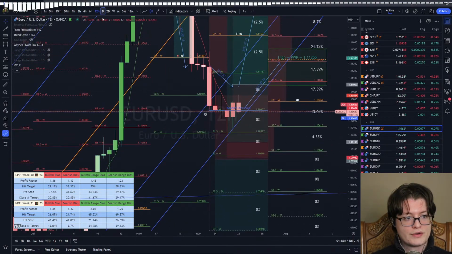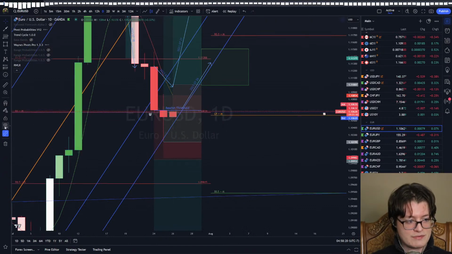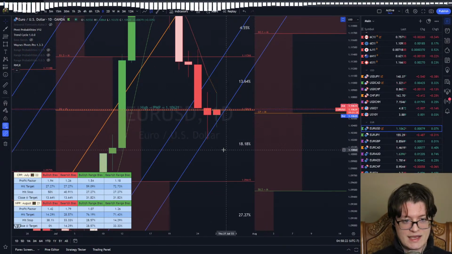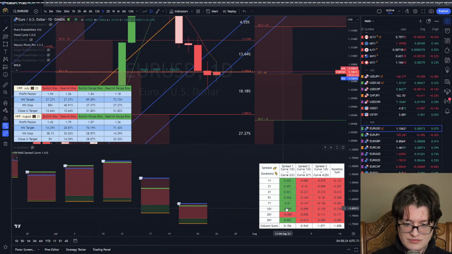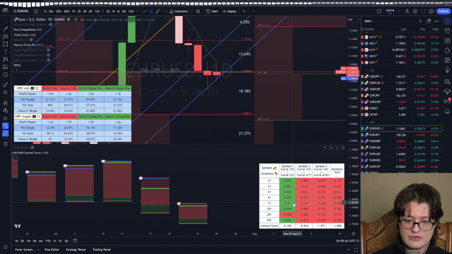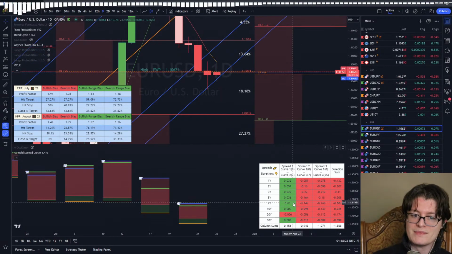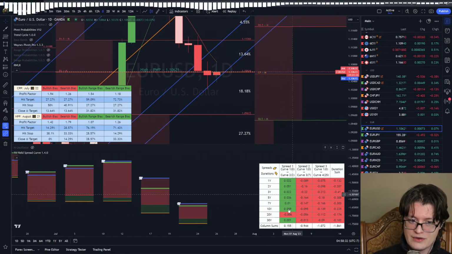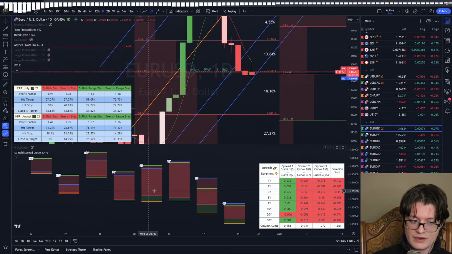One concern I do have as far as risk management is that the daily yield spreads are still net negative, but you can see what I mean by the short-term yields are improving.